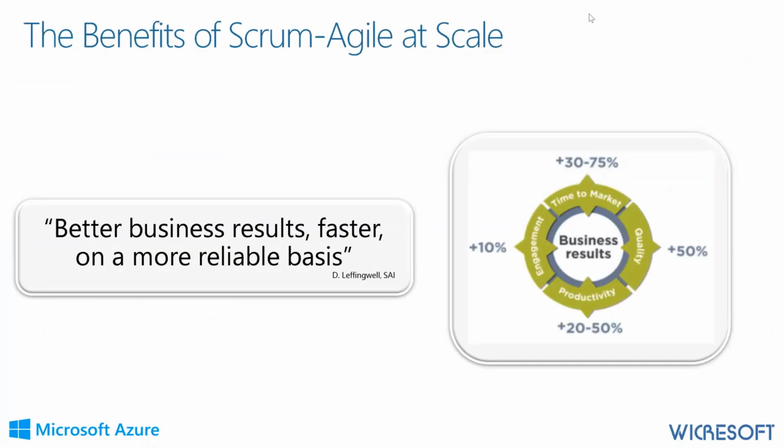Dean Leffingwell himself, prior to the latest release, stated that what we're after is supporting businesses to have better business results faster and on a more reliable basis. All the case studies for lean portfolio management deal with four major improvement metrics: time to market, quality, productivity, and engagement.